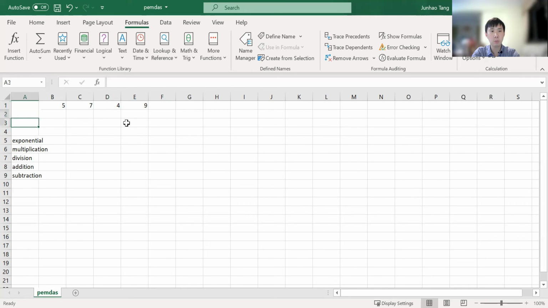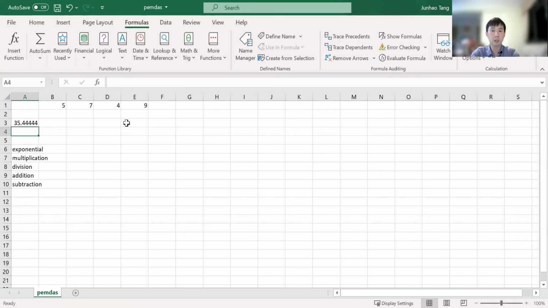But what if you do this? You take 5 times 7 plus 4 divided by 9. Is this the answer that you want? No, so this is the wrong answer.